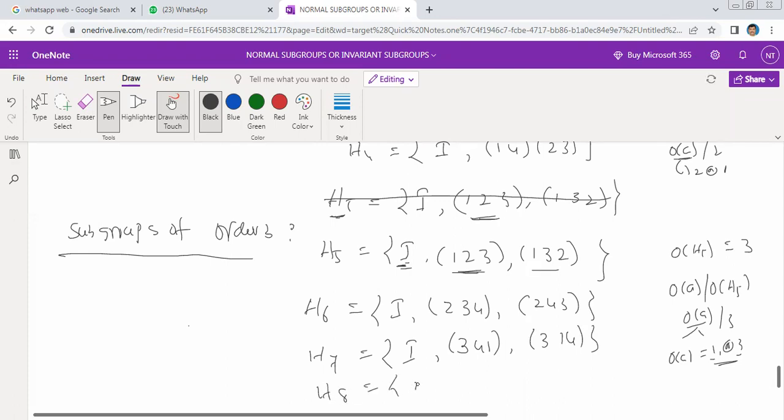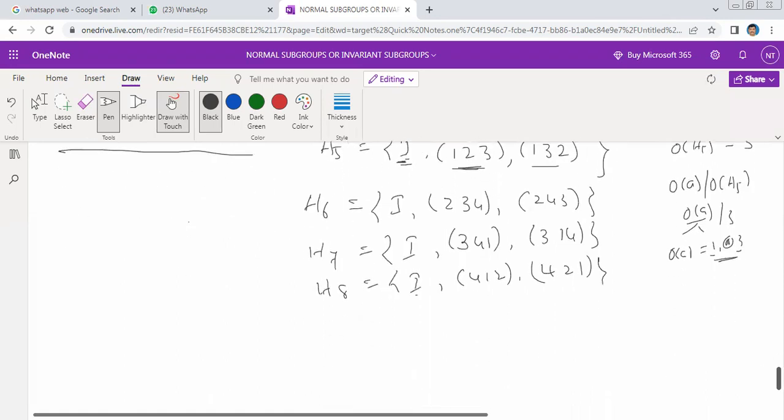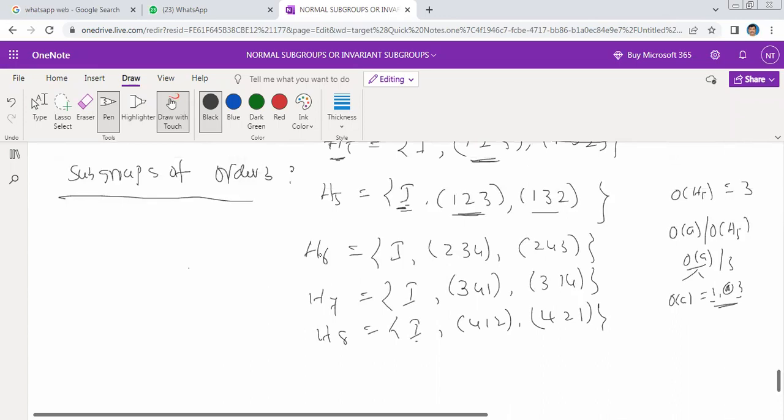H8 is the identity with (4 1 2), whose inverse is (4 2 1). If you multiply these two, we get the identity permutation. So these four satisfy the group properties, so the number of subgroups of order 3 is 4.